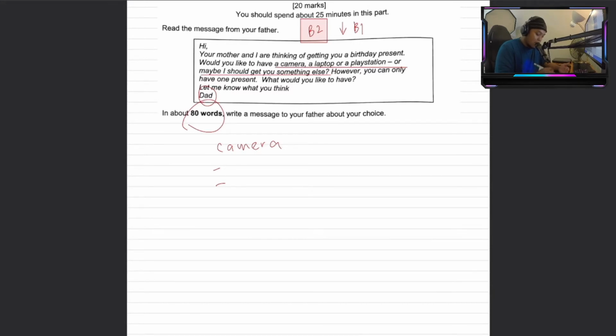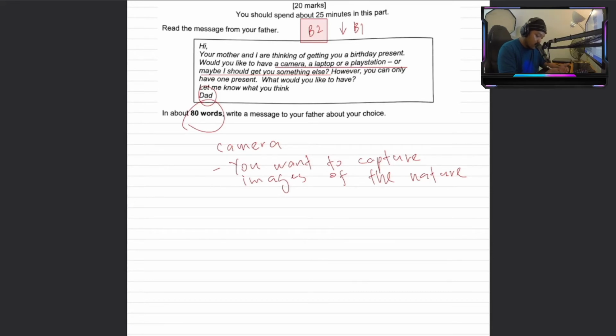Okay, let's say you choose a camera because one, you want to capture images of nature, because you love nature.